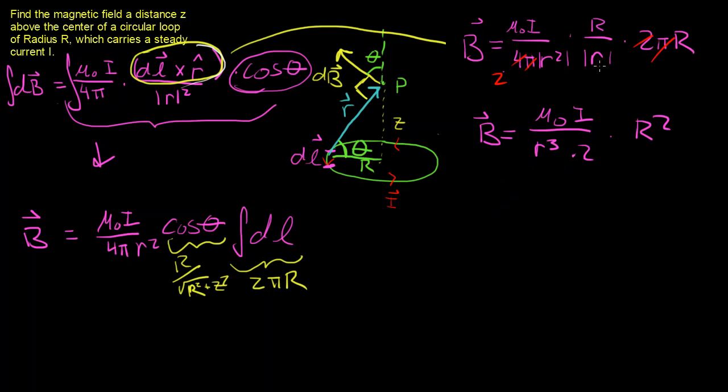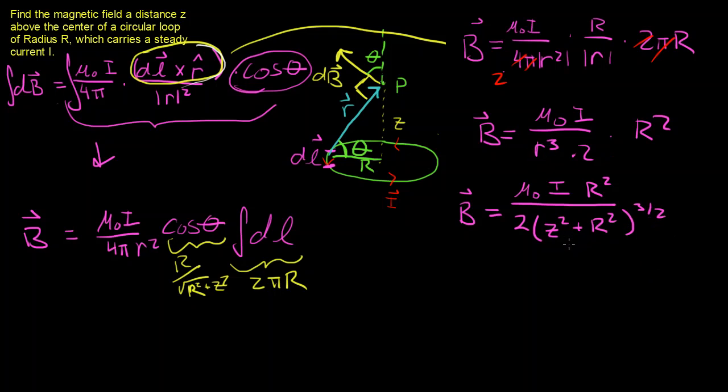And now in terms of only things that we had from the original equation, we have B is equal to mu naught I R squared over 2 times, actually, let's write it like this, z squared plus big R squared to the 3/2 power, because little r itself is this term to the 1/2 power, and when you cube something to the 1/2 power, you get something to the 3/2 power.